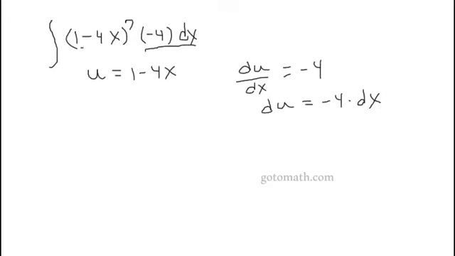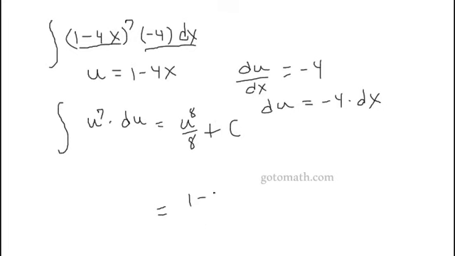That's going to get replaced, and this piece here is going to get replaced. And so we end up with the integral of u to the 7th times du. And then we can easily do this, and then plus c, and then go back and substitute back in.